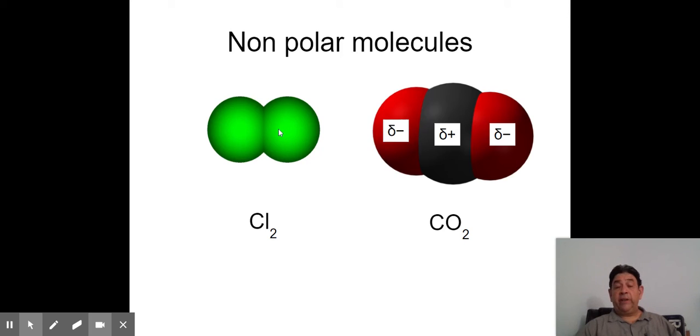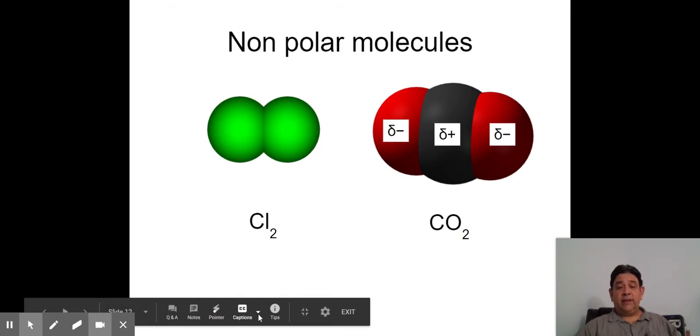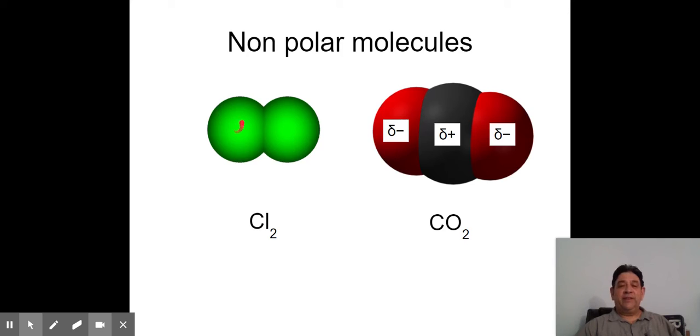So chlorine's pretty electronegative, but they're both chlorines, so there is no dipole moment between these guys. This is a nonpolar bond. If there are no polar bonds, the molecule is nonpolar.